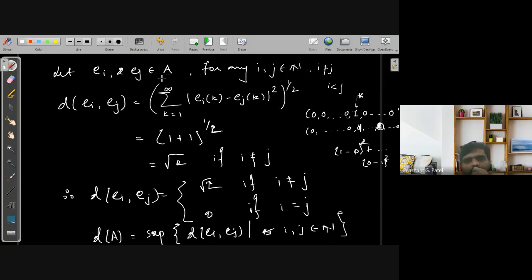We already defined it earlier. The supremum of this distance is root 2, since there are two possibilities, 0 or root 2. So the diameter is finite, and so we can say that A is a bounded set.